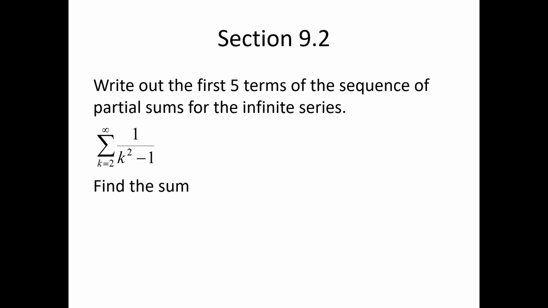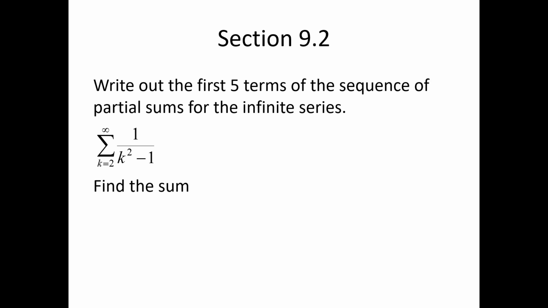And so there are only 2 types of series that you will be able to find the actual value for on this test, right? And those are telescoping series, where you can come up with a formula for the nth term of the partial sum, or the geometric series, where you have a formula for that already, right?